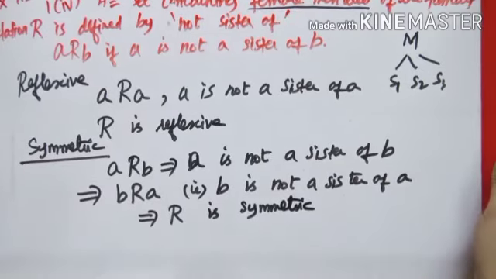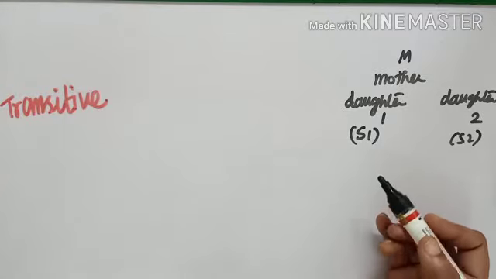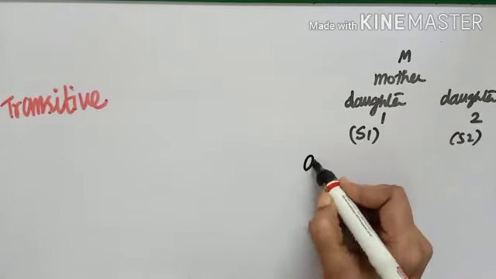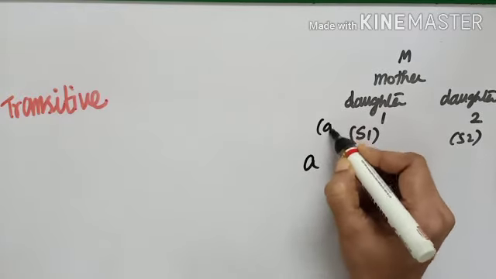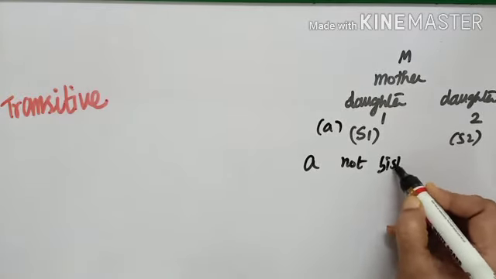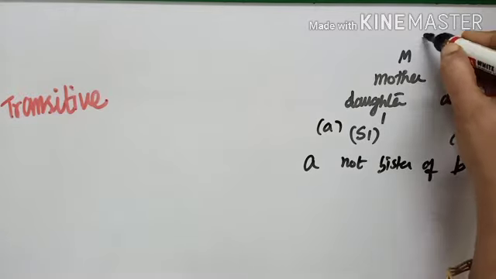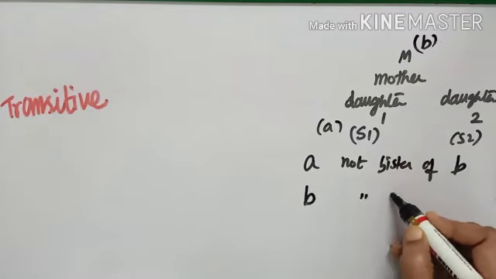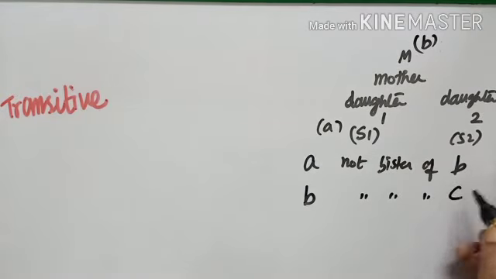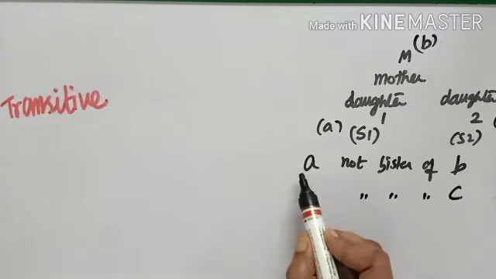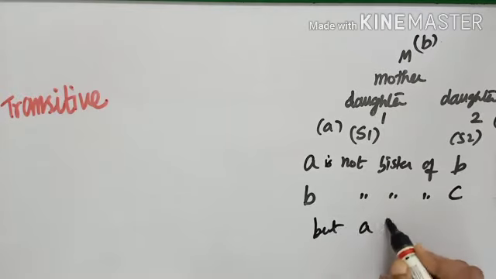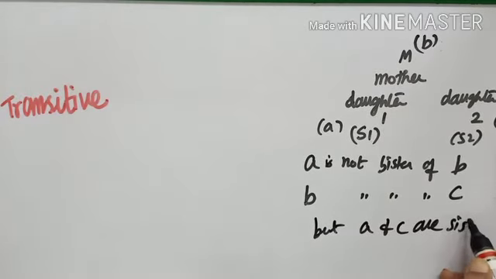The next idea, transitive. Daughter 1, that is A, not a sister of mother. Call her as B. B, mother, not a sister of daughter 2. Call her as C. So A is not a sister of B. B is not a sister of C, but A and C are sisters.